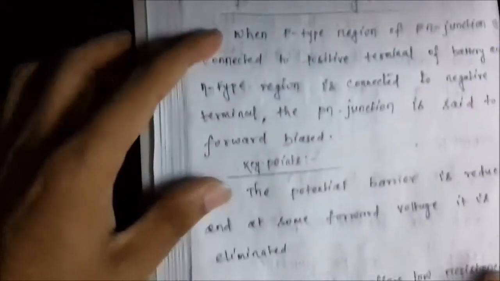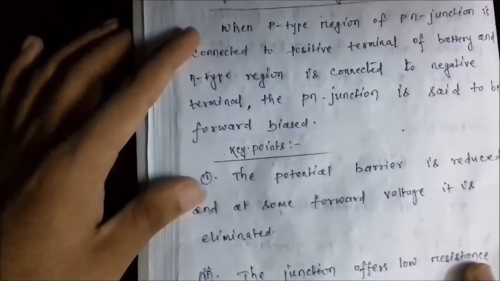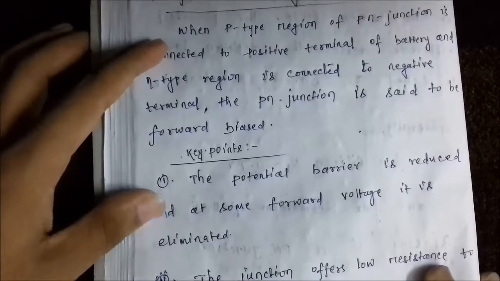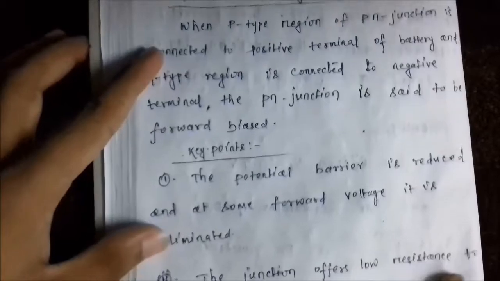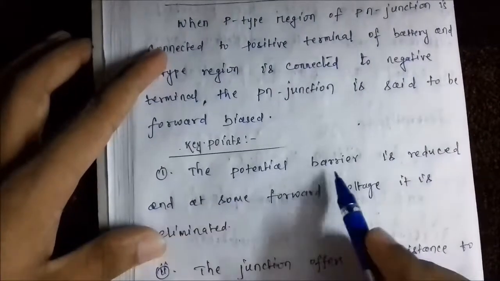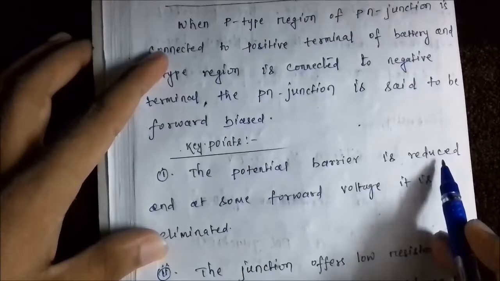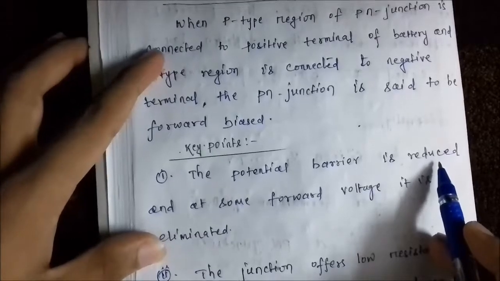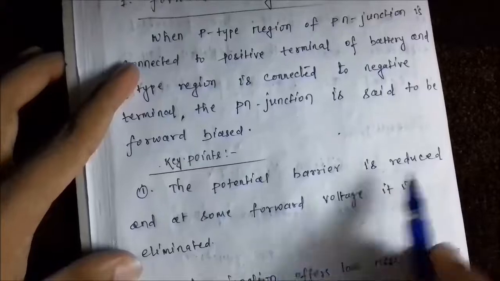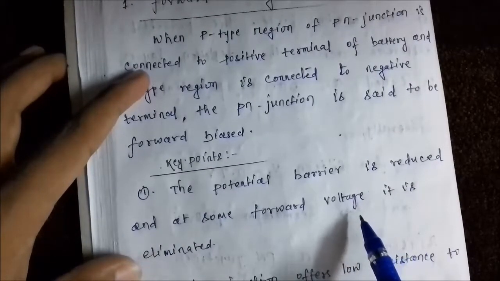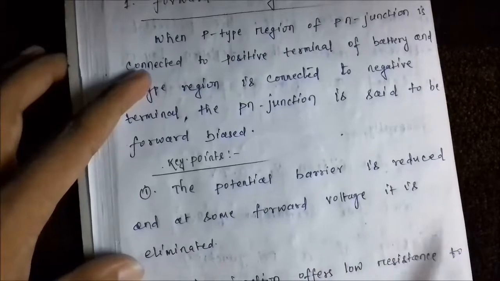Now, let us discuss some key points related to forward biasing. Obviously the potential barrier is reduced due to the application of supply voltage in the opposite direction, and at some forward voltage the potential barrier is eliminated altogether.